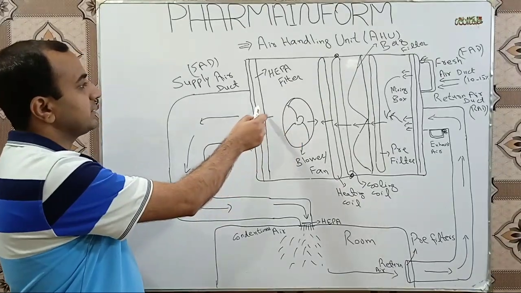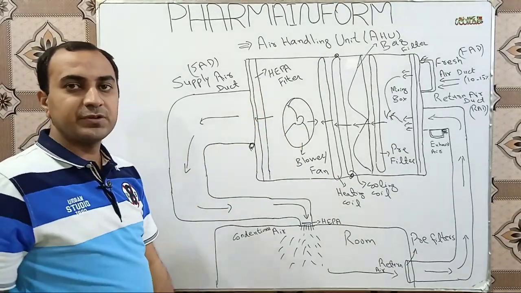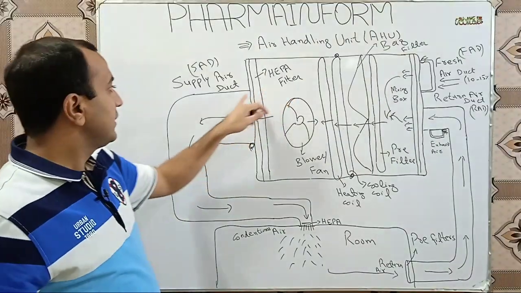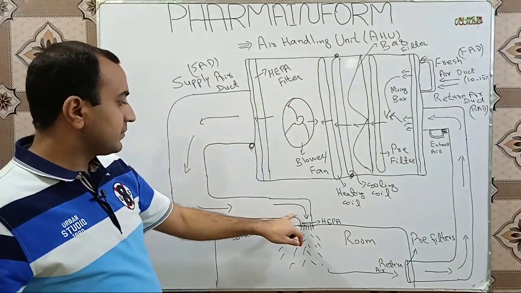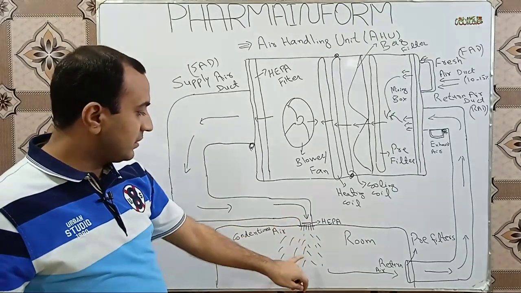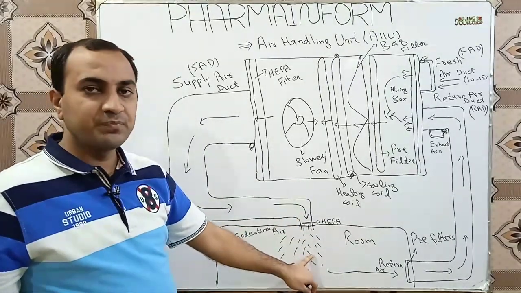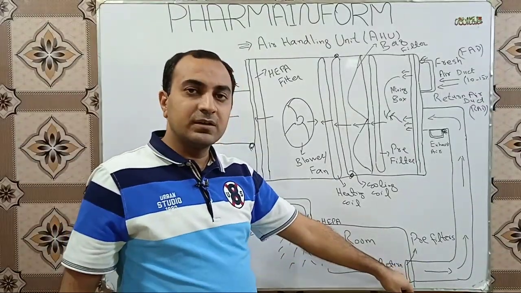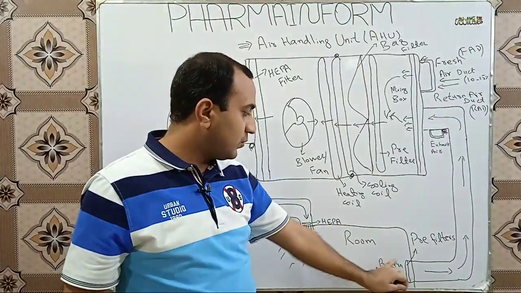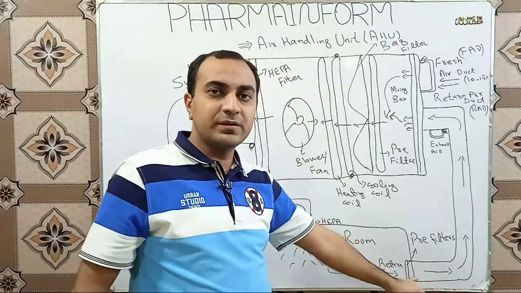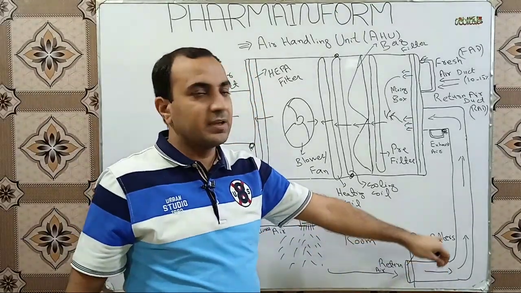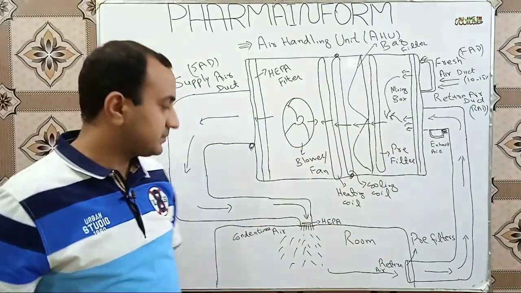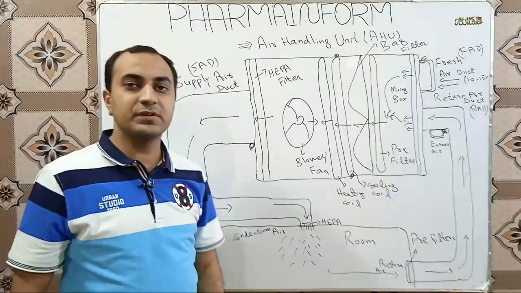This conditioned air then passes through the HEPA filter. If we have installed HEPA in the air handling unit, then these supply ducts supply the conditioned air to the area or room, and from the area or room this air leaves through the return grills by return ducts, and it is again used for recirculation. Now I hope it's clear to you.